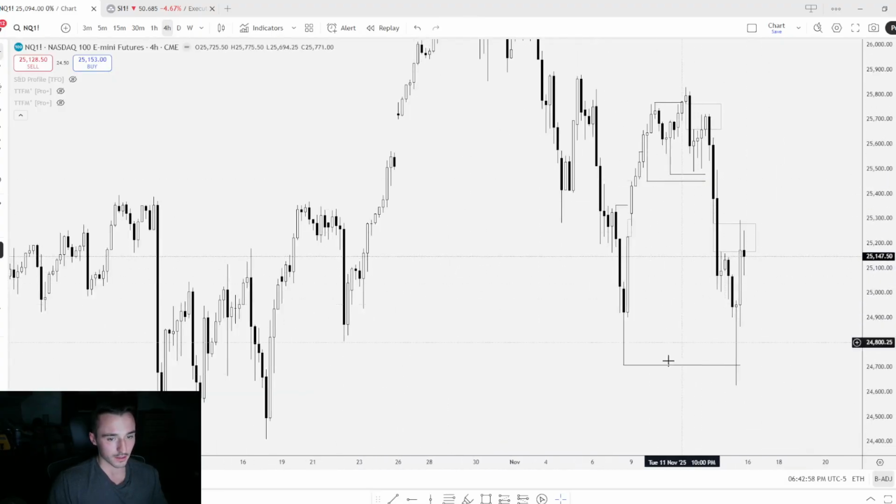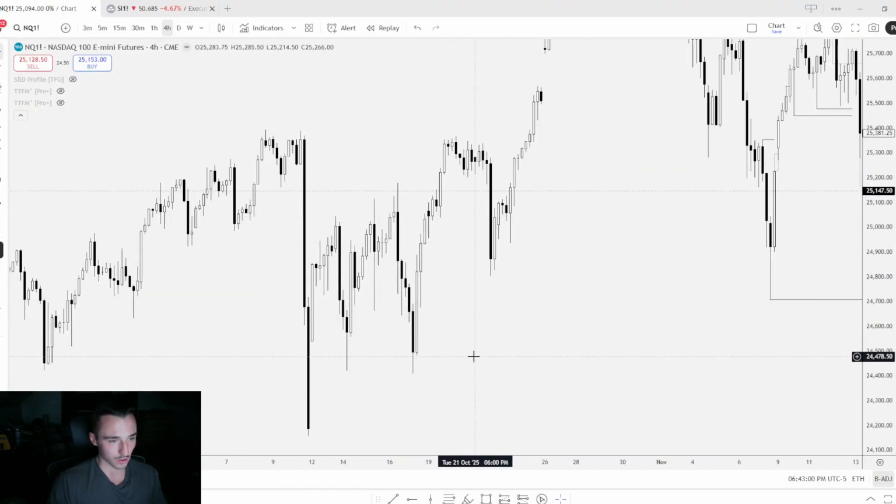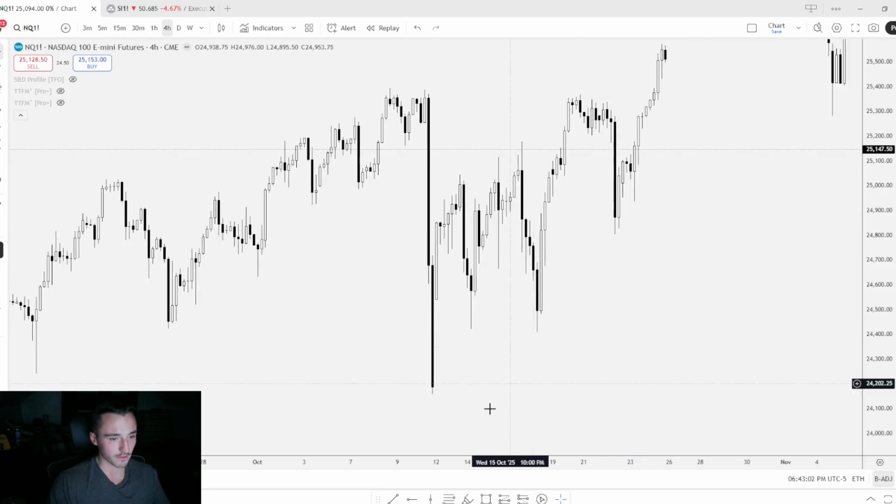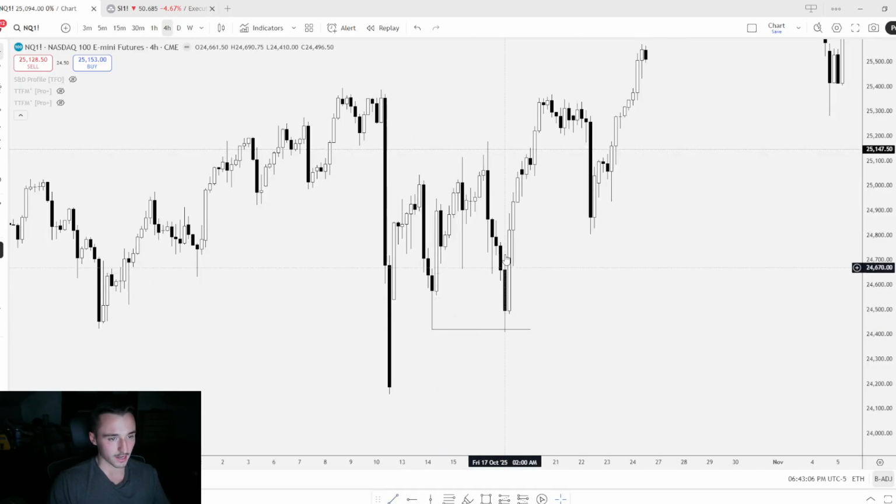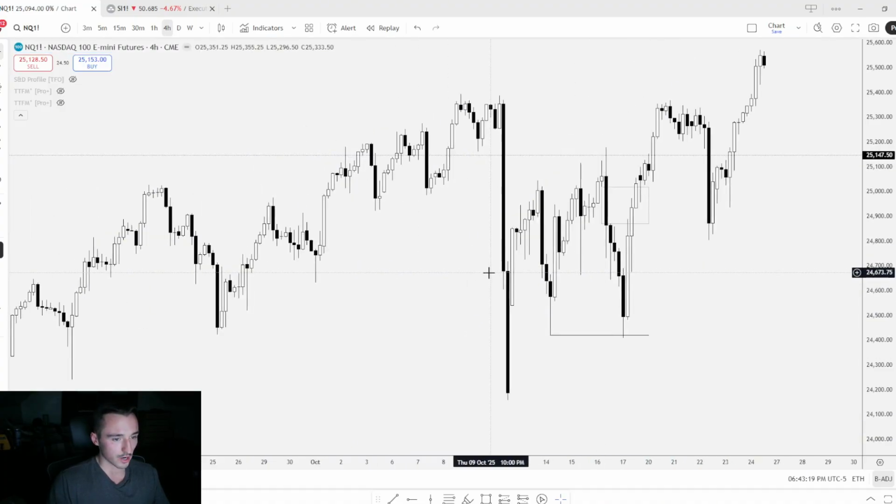That's probably the best example of external to internal, right? So even right here, we take an external low. So if we're looking to trade from here, what do we want to target? If we're not confident in this high, well, right here, right? So external to internal, even though we rip through it, it's still a very easy draw on liquidity, right?